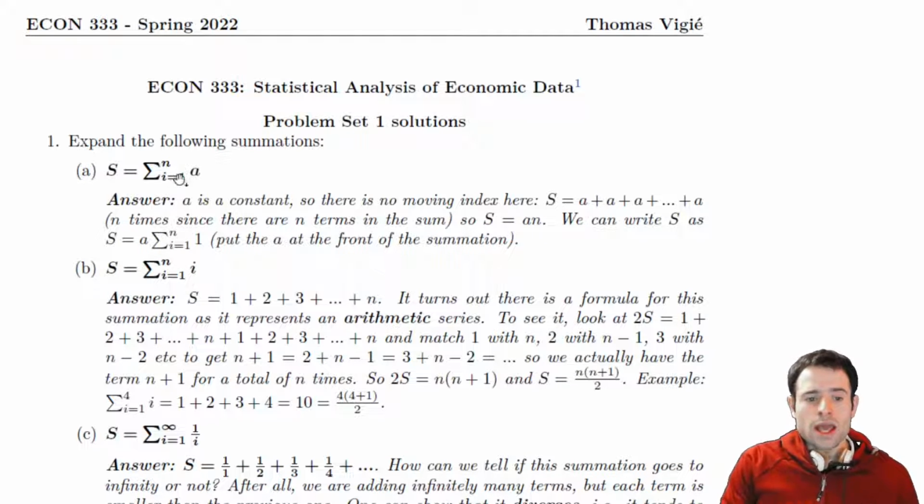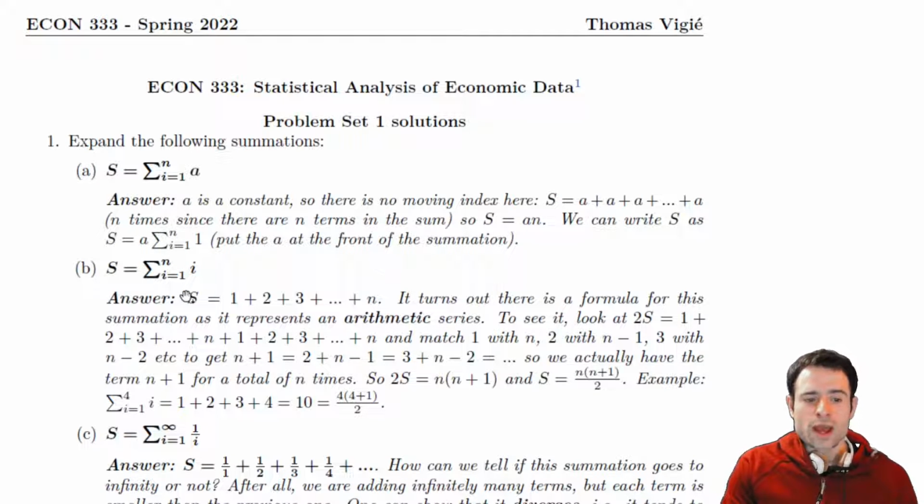So you put the a at the front of the sum, then you get a sum of ones when i is equal to 1, i is equal to 2, i is equal to 3, all the way until i is equal to n. So you will have 1 plus 1 plus 1 plus 1, n times. That gives you the number n multiplied by the number a at the front of the summation.